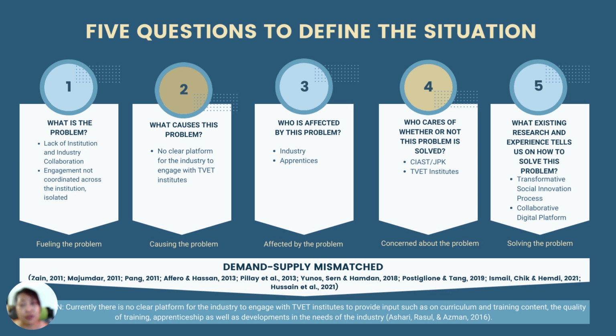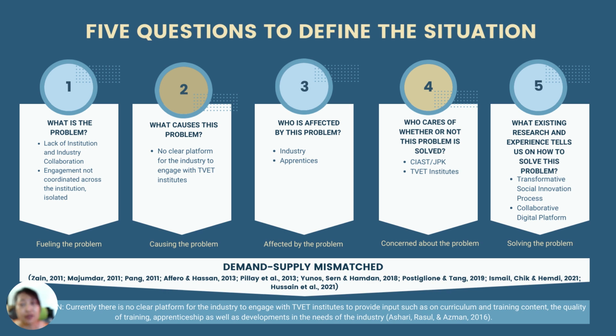Key stakeholders are defined as people or organizations that have an investment in solving the problem through the program's activities. In this study, the stakeholders include government agencies such as CIAS, who receives the report of TVET graduate employability.